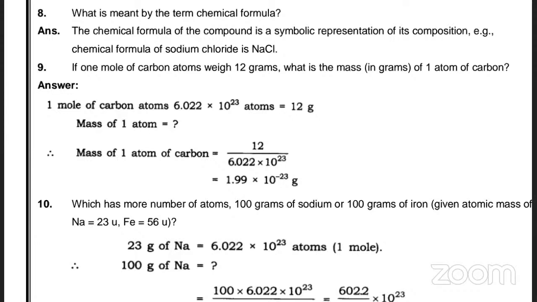If 1 mole of carbon atoms weighs 12 grams, what is the mass of 1 atom of carbon? So you know that 1 mole of carbon atoms contains 12 grams, and 6.022 into 10 to the power 23 atoms will be present in 1 mole.